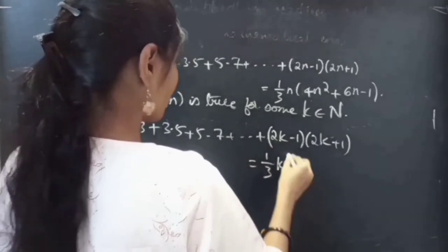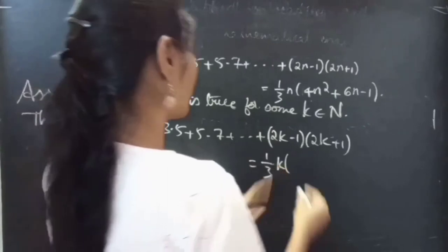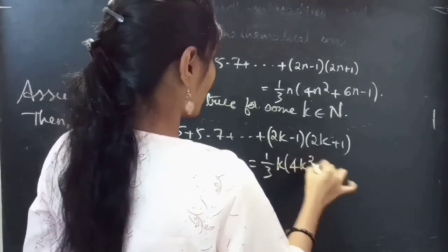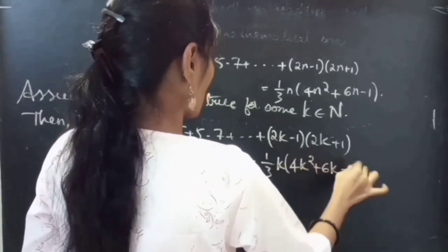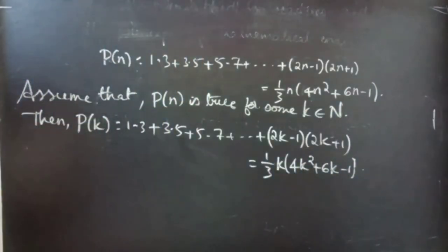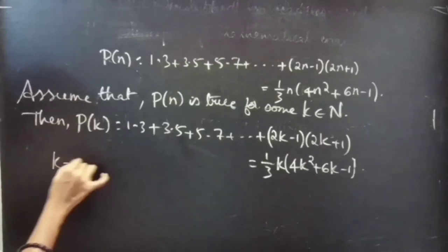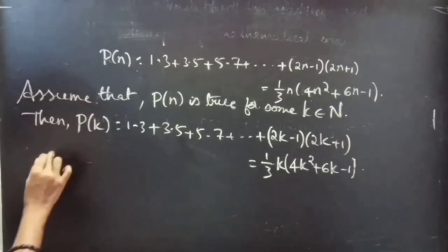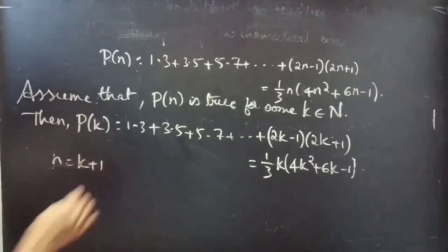Simply substitute n equals k, then you'll get 1 by 3 into k into 4k squared plus 6k minus 1. Okay, so now we have to prove for n equals k plus 1.